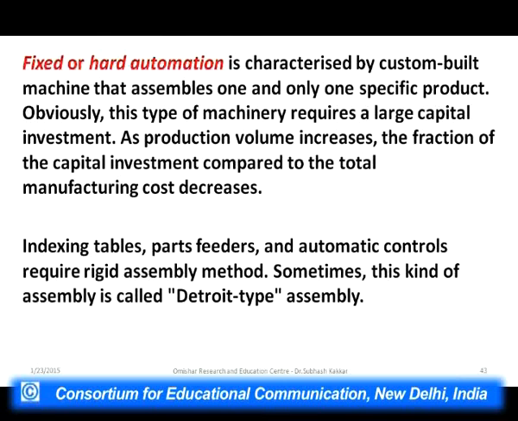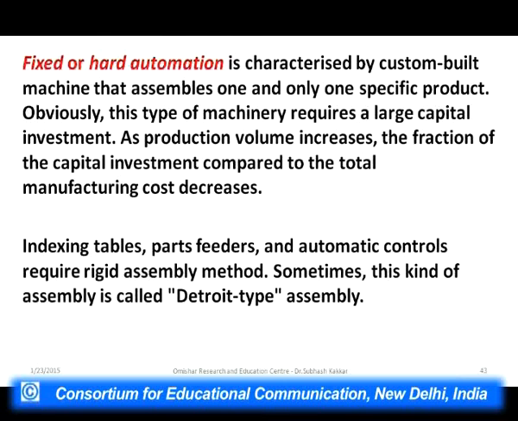Hence, the cost will be reduced because it will be spread over the production volume. If it is very high, it will be spread over a high volume of production.